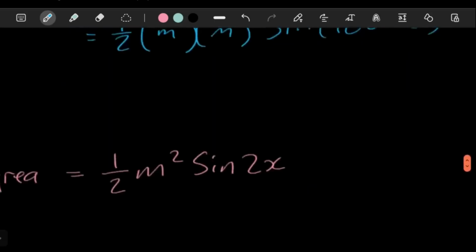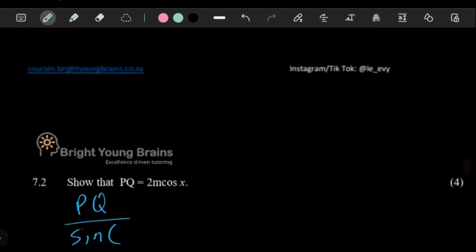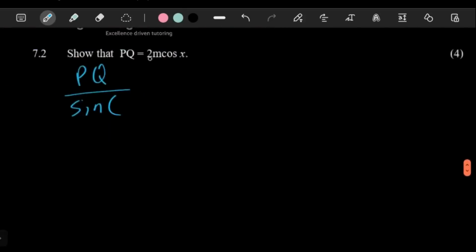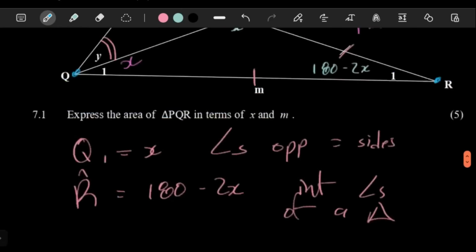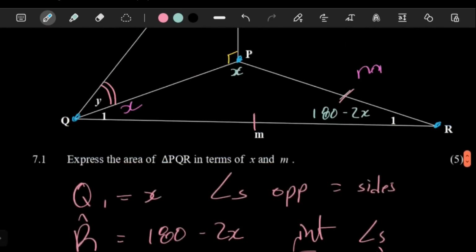So if you want the length of PQ, since you're looking for a length, you can put PQ on top. Its opposite angle is 180 minus 2x, so we put 180 minus 2x here, and then equal to the other side.